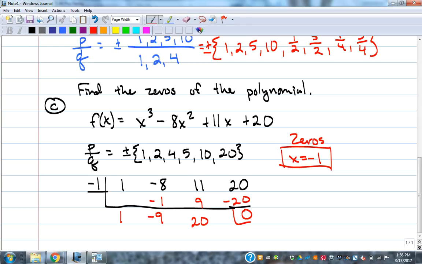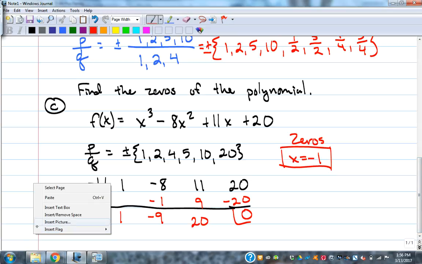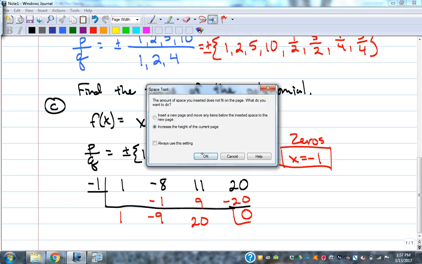X squared minus 9x plus 20, right? Which is what kind of problem? From a cubic, a quadratic. And we know how to solve quadratics, right? So that's what we want to do. We want to use that idea that, hey, I can solve that quadratic x squared minus 9x plus 20.